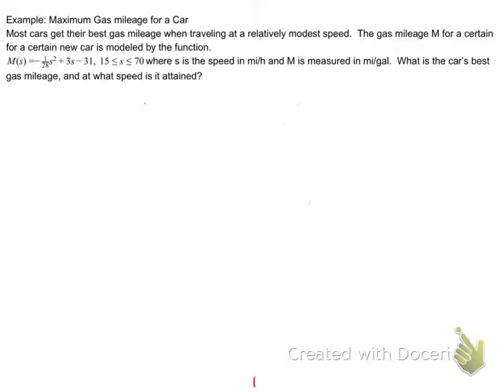What is the car's best gas mileage, and what is the speed that is obtained? Wait, what do you mean by the car's best? So we're going to try maximizing this or minimizing this? We're trying to maximize gas mileage, right, at a particular speed.